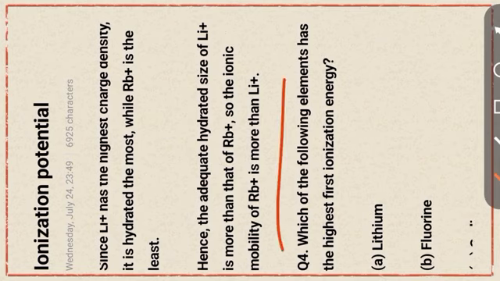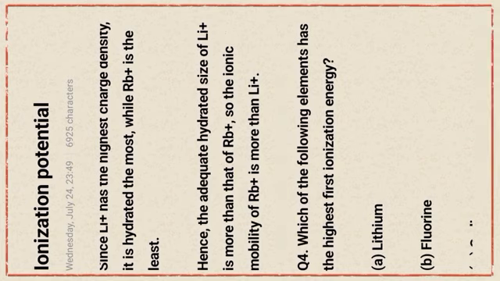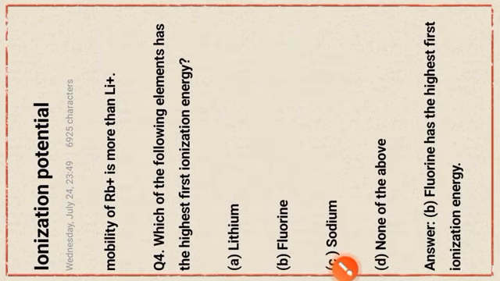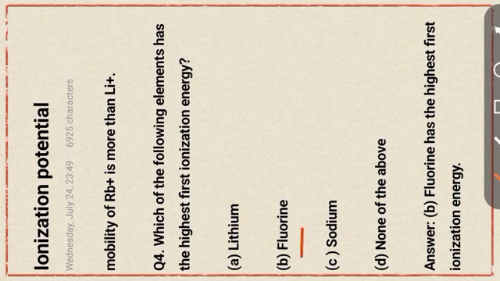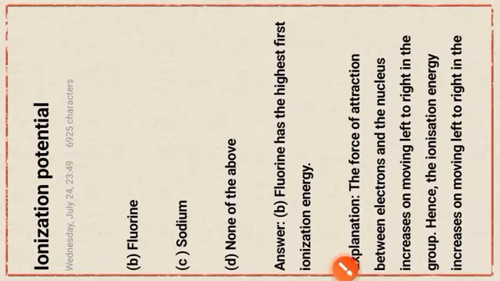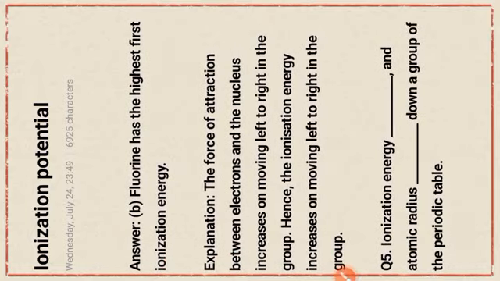Next question. Which of the following elements has the highest first ionization energy? Option B, fluorine. Fluorine has the highest first ionization energy. The force of attraction between the electron and nucleus increases on moving left to right in the period.